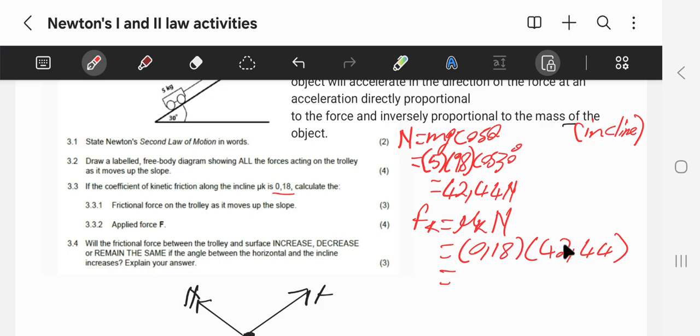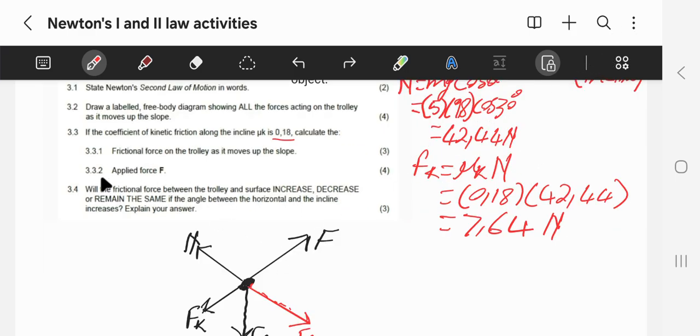And now what is going to be our answer? We'll put all of this on the calculator, and the answer we get here is 7.64 newtons. That is the friction, and obviously this has to be in the opposite direction, downwards. That's going to be our direction there. And then we go to 3.3.2, and it says we must find the applied force F, and this is how we're going to do that.